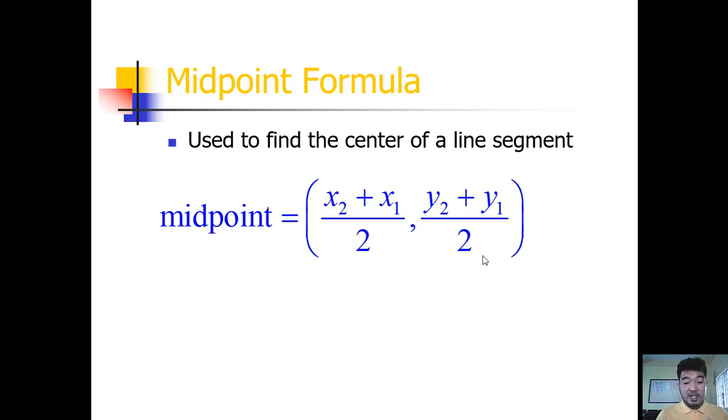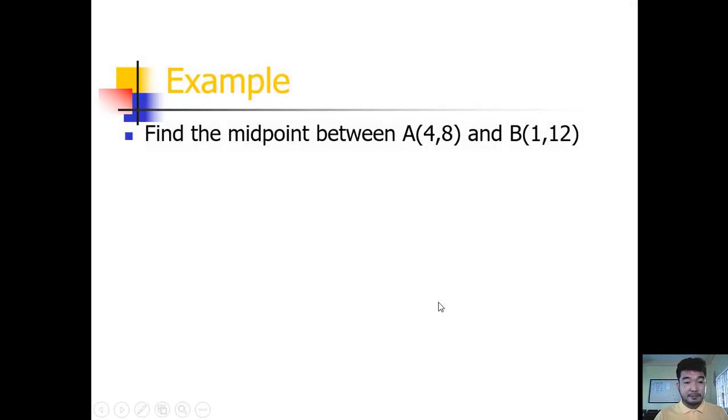Ibig sabihin, meron siyang x, meron siyang y. Okay? Ito yung formula sa pagkuha ng x. I-add mo lang yung dalawang given x's. Divide mo by 2. That's your x, the x of your midpoint. Then, solving for the y of the midpoint, you just add 2 y's. Then, divide it by 2. Then, that's the y of the midpoint.